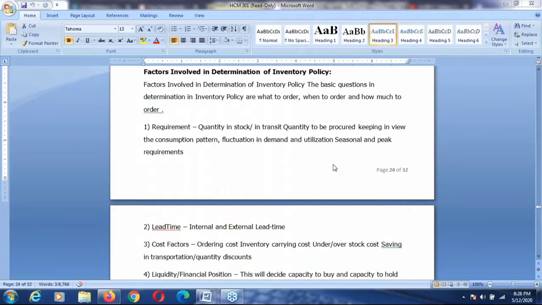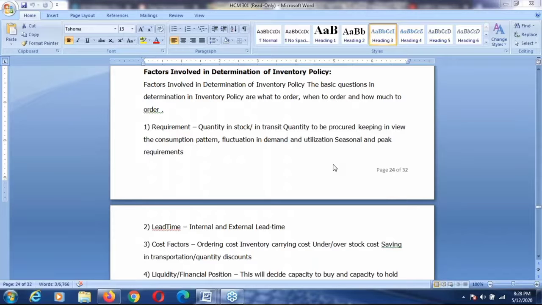Number 2, you want to talk about lead time. I told you what lead time means. You want to talk about cost factors. You want to talk about the financial position of whatever organization you are going to deal with. You want to look at the availability of credit factors, change in design, and government policy.